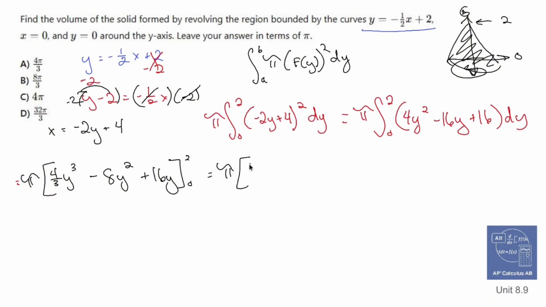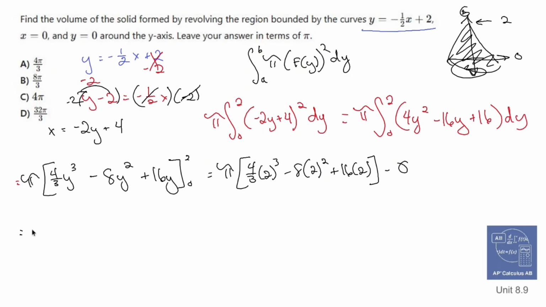Pi times 4/3 2 cubed minus 8 times 2 squared plus 16 times 2. Now let's use some common sense. For 0, if I were to plug in 0, I'd get 0, then minus 0, then plus 0, and times pi is still 0, so nothing changes. I'm just left with this right here, so it's going to involve me simplifying.